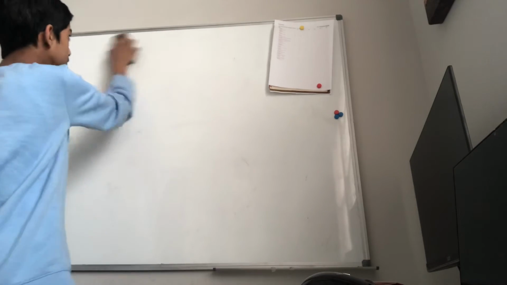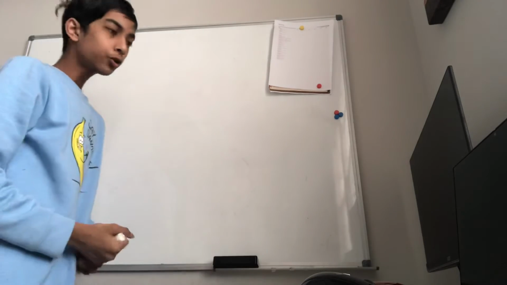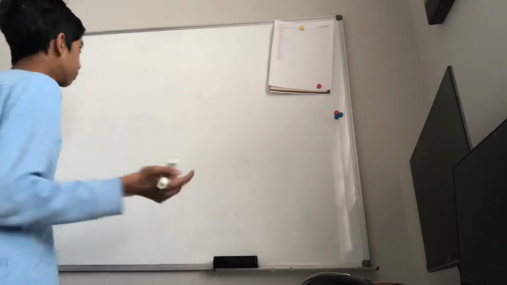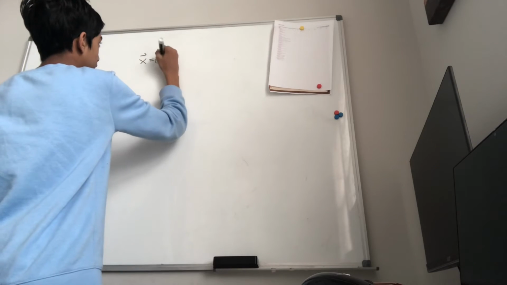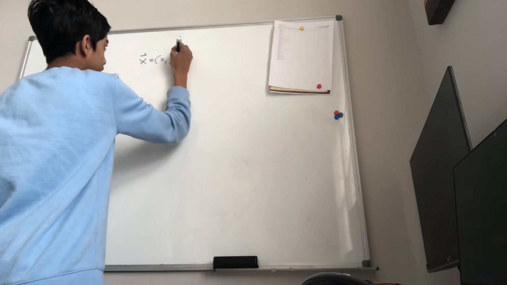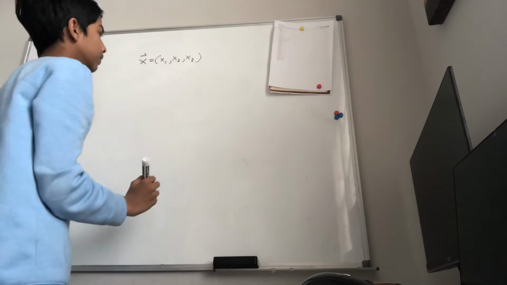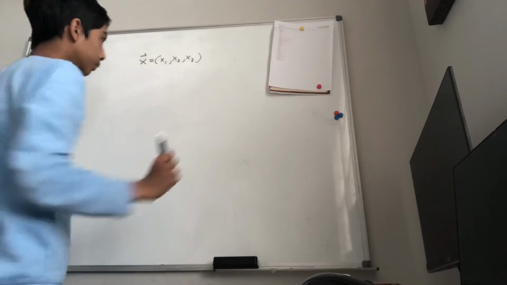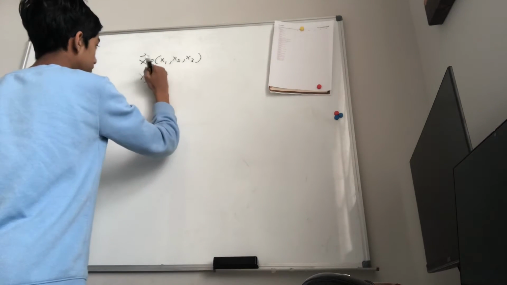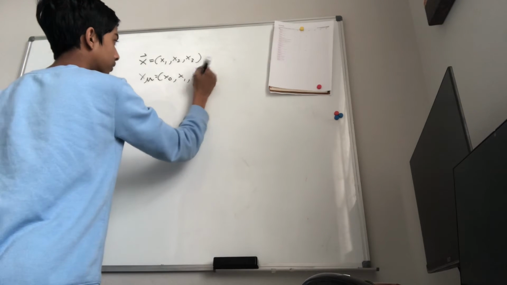So how would this actually apply to relativity? Well, usually we have our 3-position, which is the x vector, equal to, of course, x1, x2, x3. In this case, we're using covariant indices. And this time, since we have 4-dimensional space-time, it is equal to x0, x1, x2, x3.